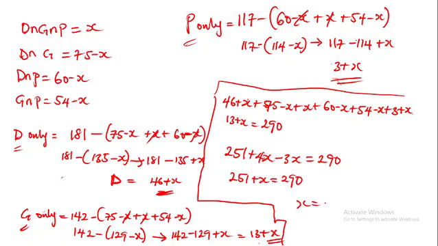So X is equal to 290 minus 251. What do we have? Our answer is 39. So the value of X is 39.